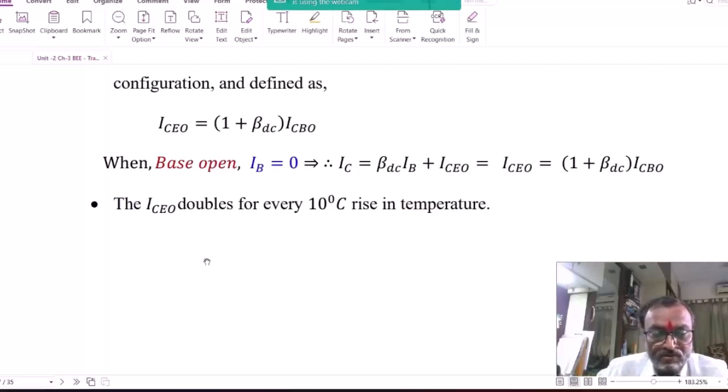So we can conclude that the reverse leakage current in common emitter configuration is much higher, or 1 plus beta times higher, than the reverse leakage current generated due to temperature in the collector junction area, that is ICBO, in common base configuration. One characteristic of ICEO is it doubles for every 10-degree rise in temperature.